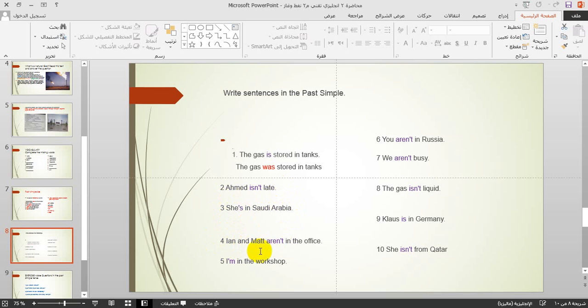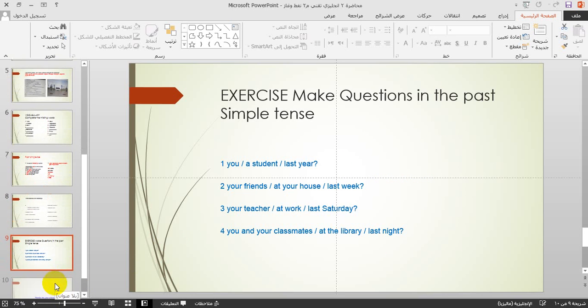Next, Ian and Matt are not in the office. It is were not. And I am in the workshop: I was in the workshop. To change aren't, it becomes were not. Gas isn't becomes was not. Close is in Germany becomes was in Germany. And is not becomes was not. It's easy. Now exercise.